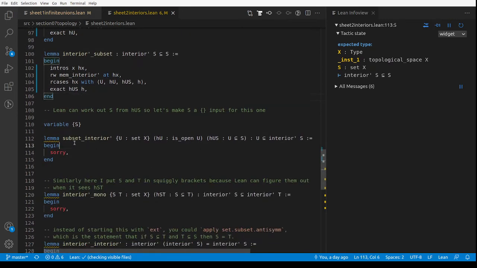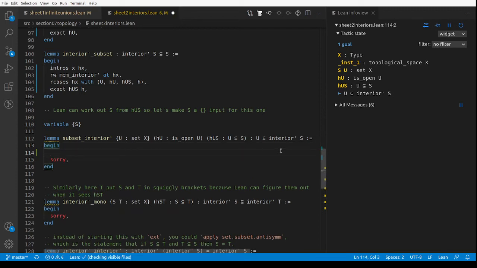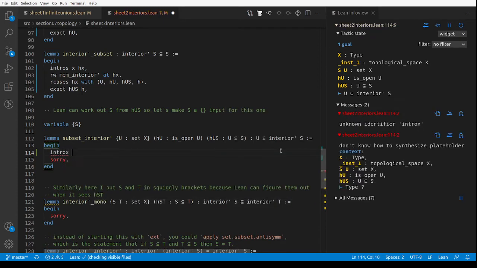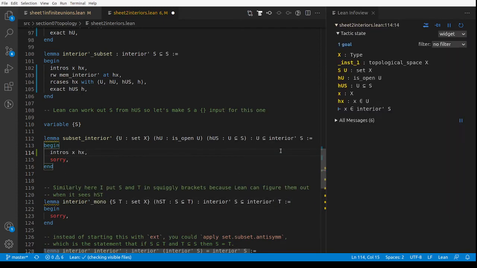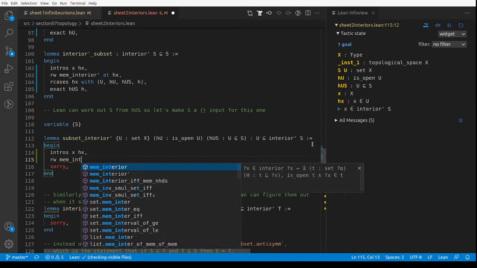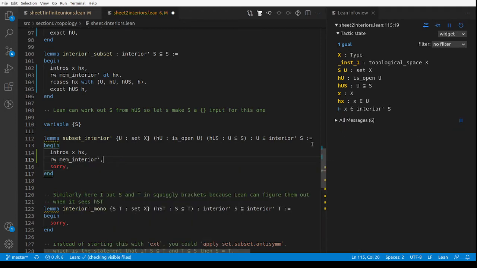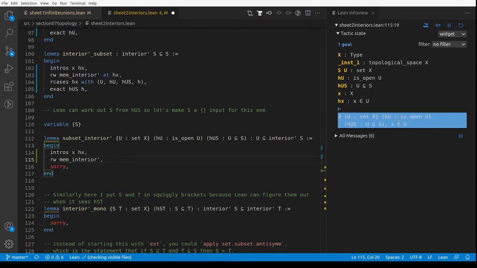Now subset_interior, what does this say? If U is open and U is a subset of S, then U is a subset of the interior of S. Okay, so why don't I do intros x hx, and now rewrite mem_interior_primed. Now I've got to come up with a U and a proof that it's open.